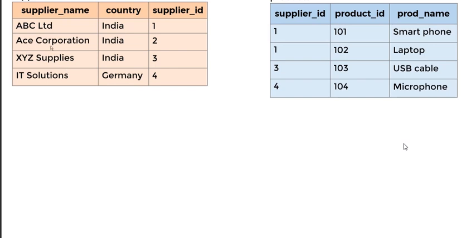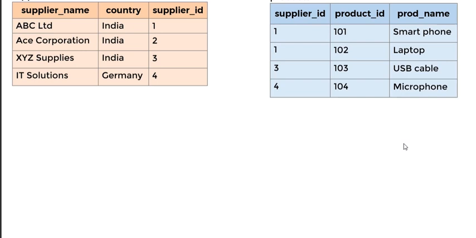Also notice that the supplier called S Corp doesn't have any products in the products table. S Corp has a supplier ID of 2, and if we look across the products table, we do not see the value 2 in the supplier ID column. S Corp has no products, right?